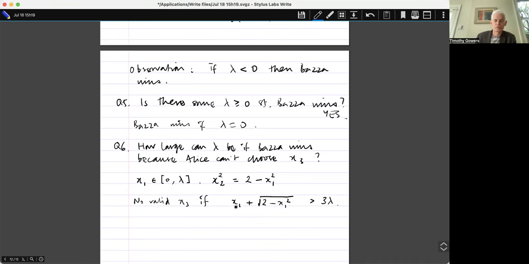If I substitute x1 equals √2 sine theta, then I get √2 sine theta plus the square root of 2 minus 2 sine squared theta, which equals √2 times sine theta plus cos theta.